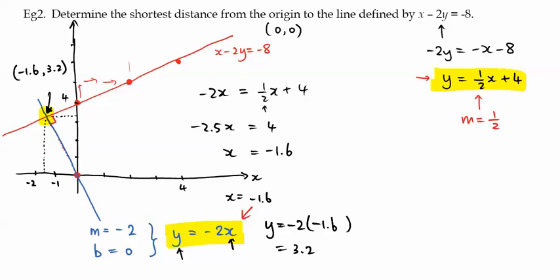And if I want to calculate the distance from here to there, if I want to calculate the distance between these 2 points, 0, 0, and negative 1.6, 3.2, I can now calculate the distance. Yes?